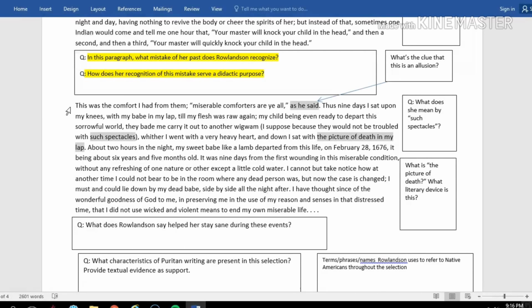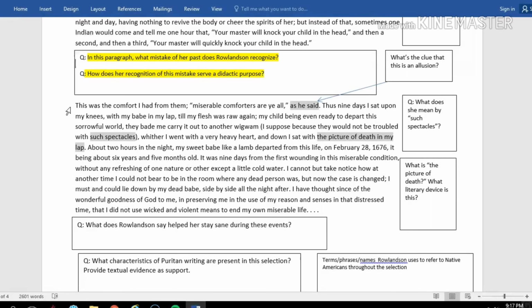About two hours into the night, my sweet babe, like a lamb, departed from this life on February 28, 1676. It being about six years and five months old, it was nine days from the first wounding in this miserable condition, without any refreshing of one nature or other except a little cold water. I cannot help but take notice at how another time I could not bear to be in the room where any dead person was, but now the case is changed.